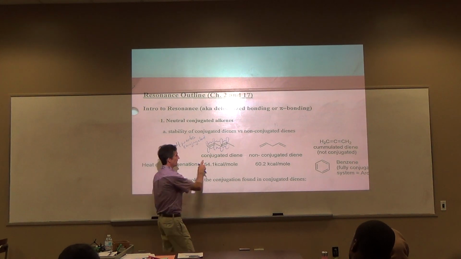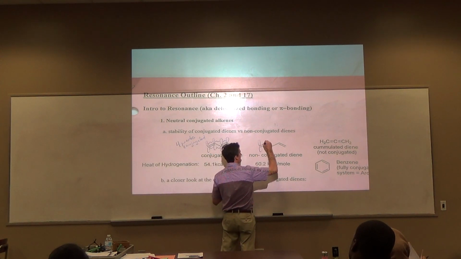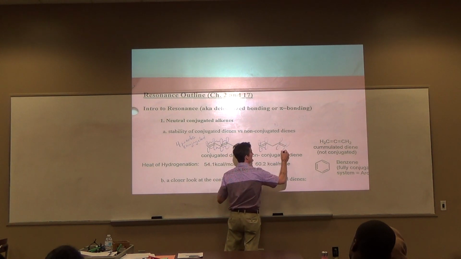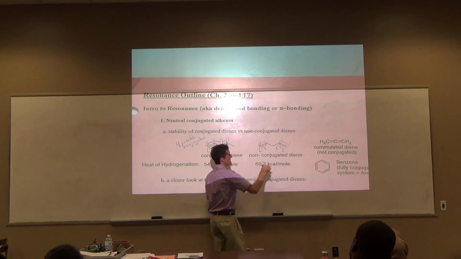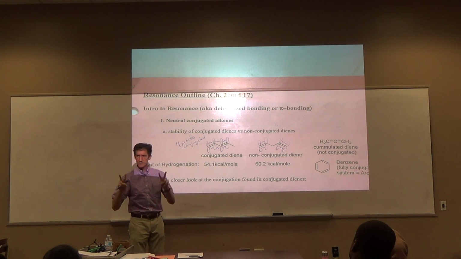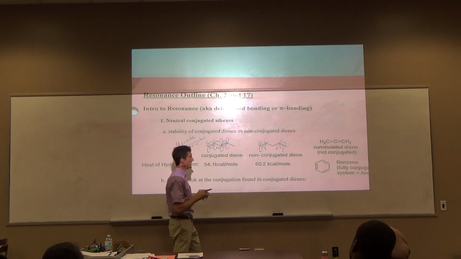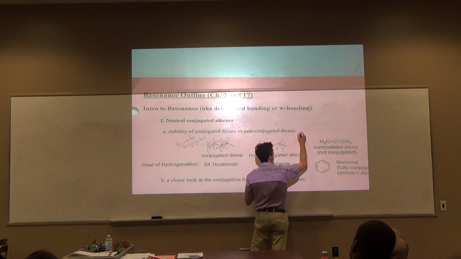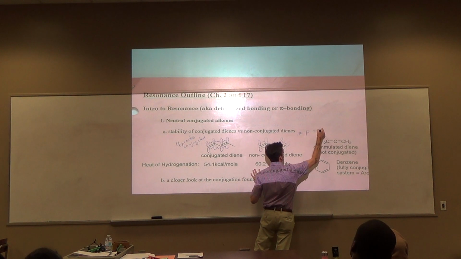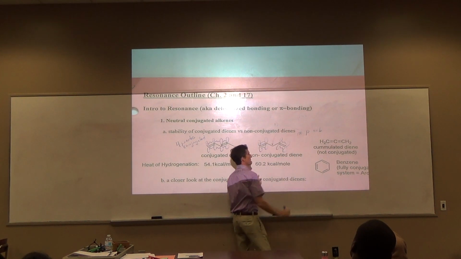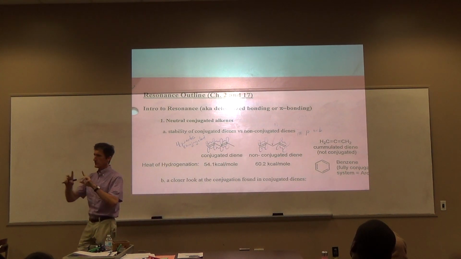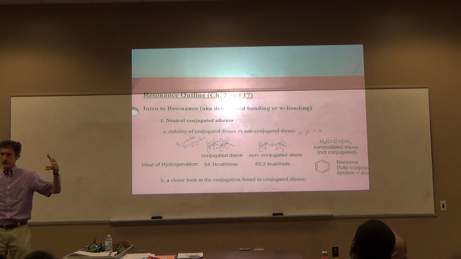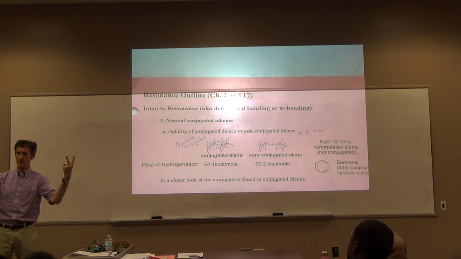Okay, over here, conjugation. We have an alkene here. Yeah, 1 electron, and we have an alkene here. Okay. Are the 2 alkenes conjugated? No, because do you have a p orbital on this carbon? No, it's sp3. There's no p orbital on this carbon. And because there's no p orbital there, it kind of breaks the connection between the two pi bonds.